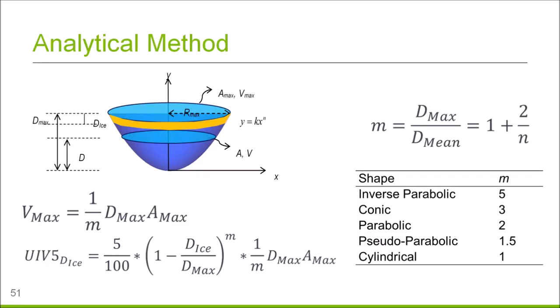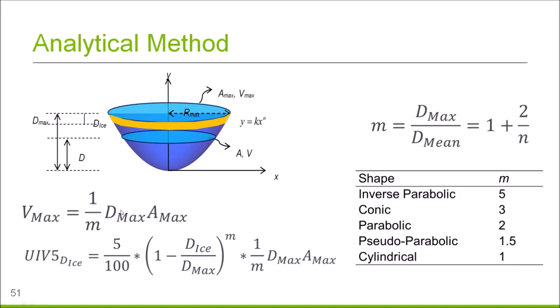So based on all of our analysis, and I do have a journal paper on this, we found that we can actually estimate lake volume with some information. What we need is M, a ratio of maximum depth to mean depth, and we found that this parameter varies with different shapes from 5 all the way to 1.